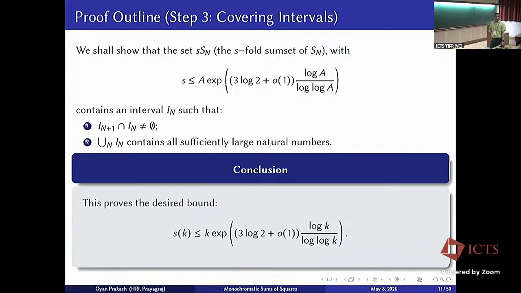explain to you a result of Sarkozy and Lev, which will reduce the problem further. You don't have to tell me that S into Sn contains an interval; if S into Sn is some dense subset of an interval, that is enough.